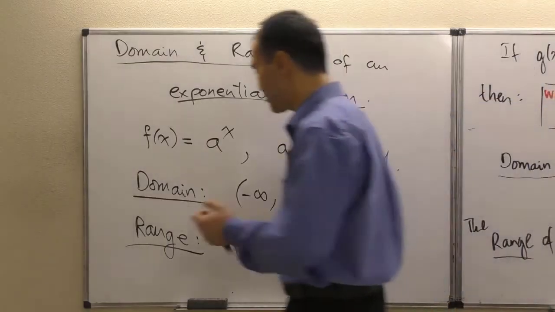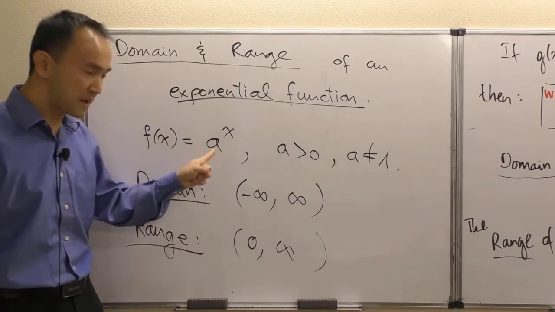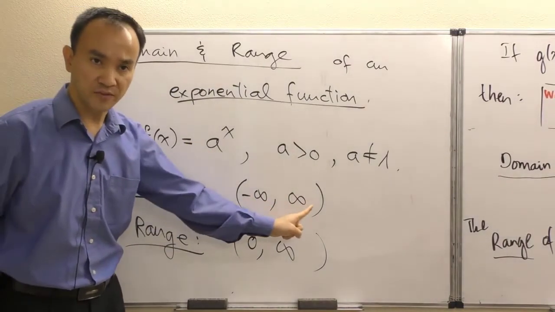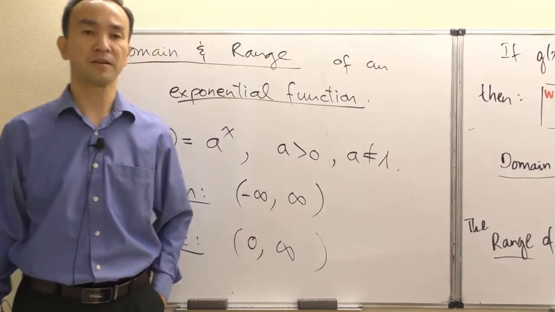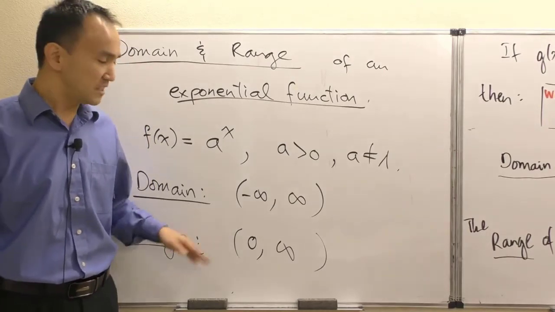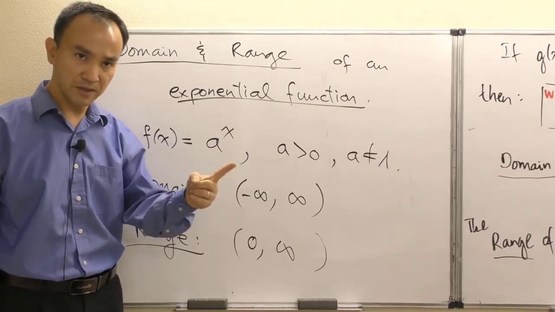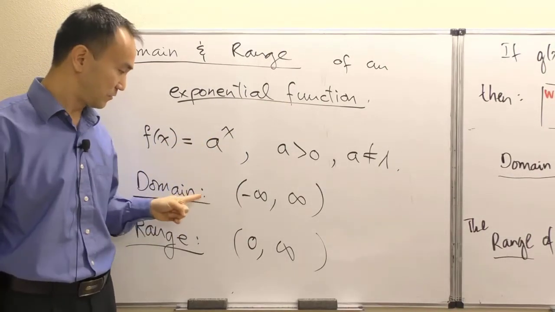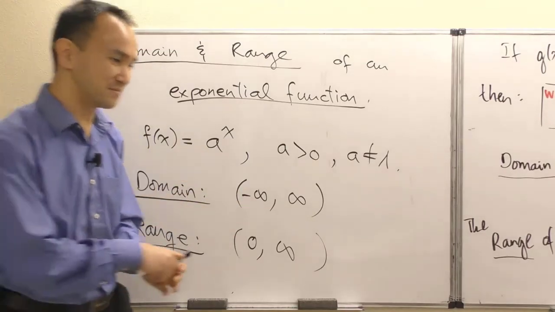The domain of any simple exponential function is all values of x anywhere between negative infinity and positive infinity. That's the domain of an exponential function. So that means when we're looking at the inverse of this function, the logarithmic base a, the range will be this exact domain of our exponential.